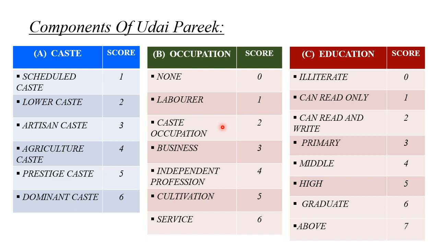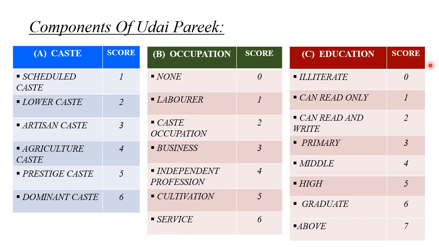Then business, independent profession, cultivation, and service. These are the scores for each occupation. If you feel some doubts or are facing some issues, you can contact us for further clarification.